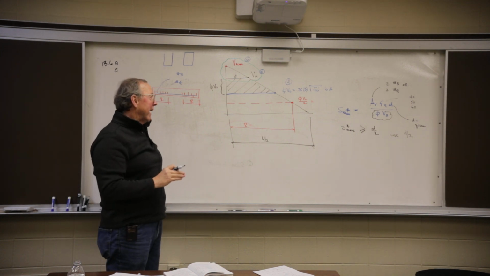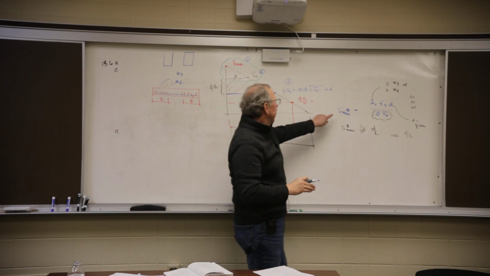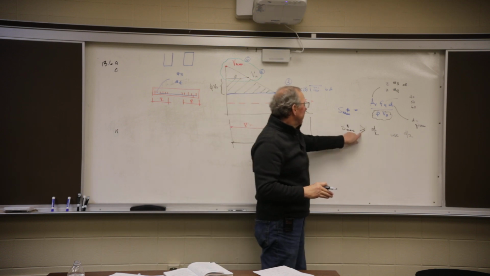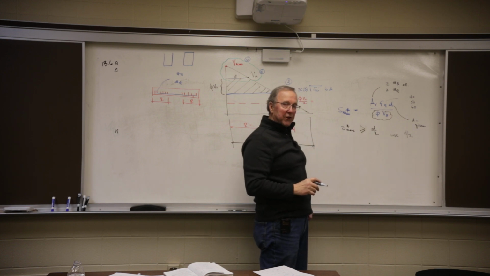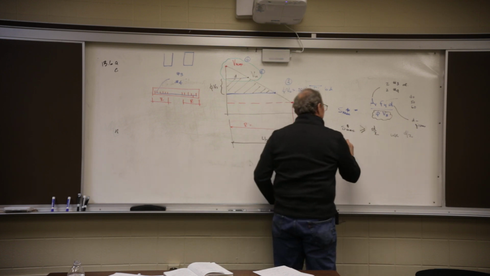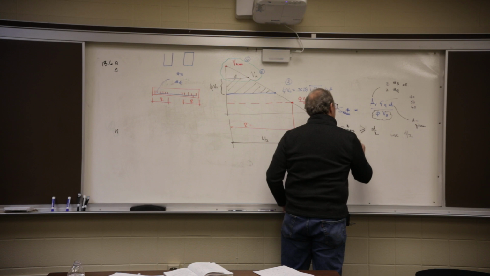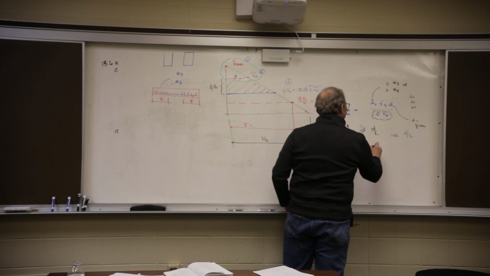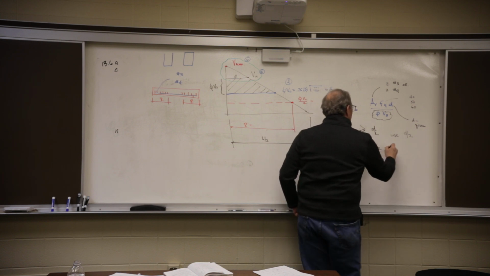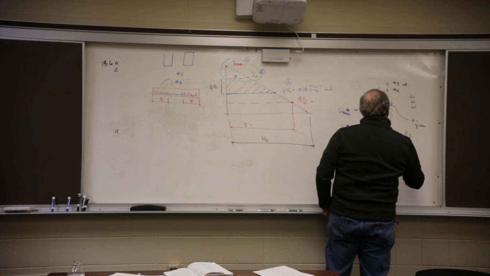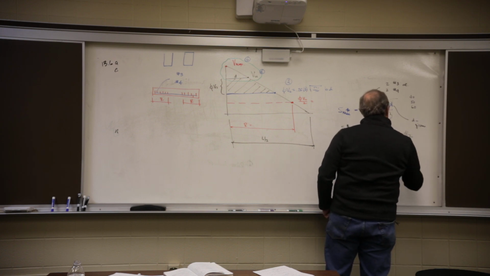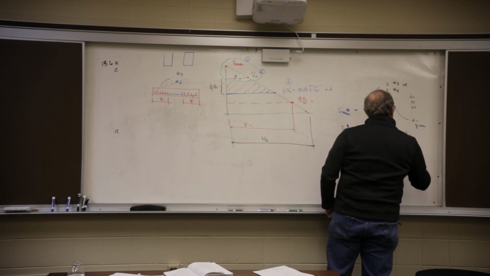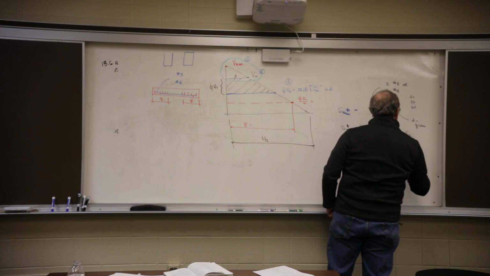This is the letter A. If S max calculated here is greater than d over 2, our spacing is going to be d over 2. If S max calculated there is less than d over 2, we're going to have to reduce stirrup spacing.